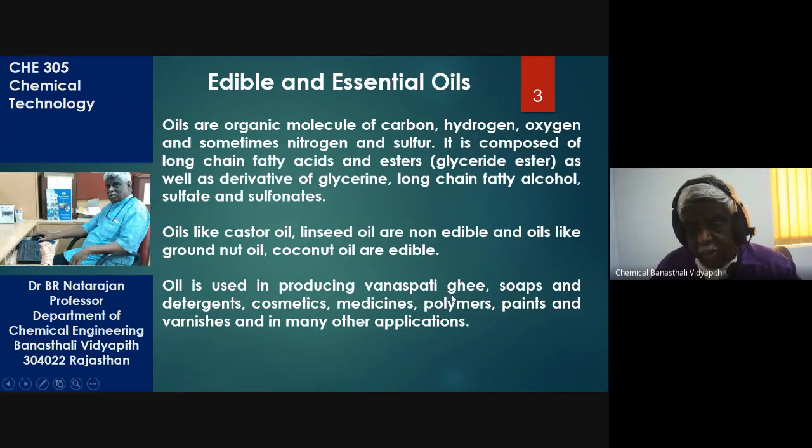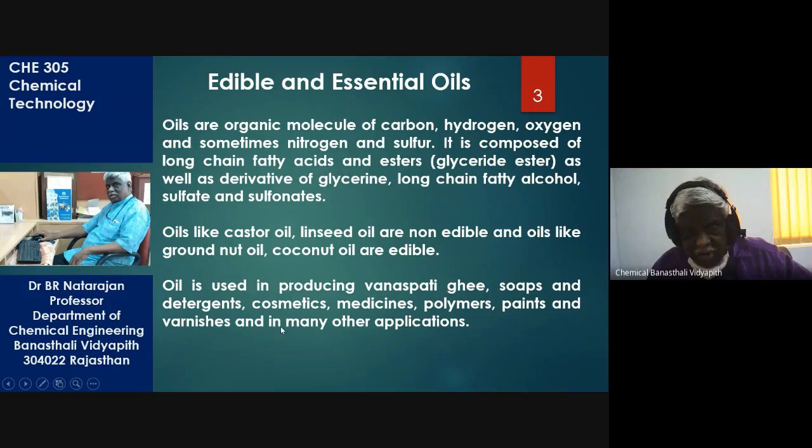Oil is used in producing vanaspati ghee. First, get some quick difference. Remember, oil is a liquid, whereas ghee is a solid. So I can convert oil into a solid called vanaspati ghee, right?